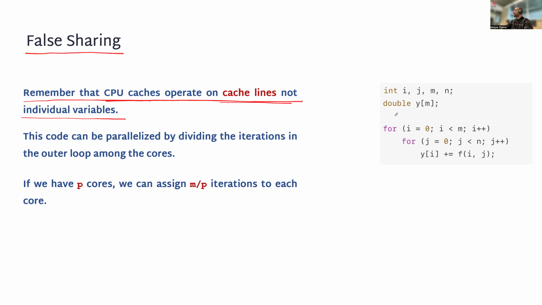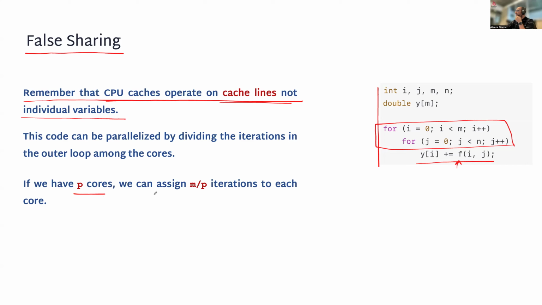So assume here we have this code, and in this code we have a nested for loop, so two loops we have here, and we want to compute this value, right? And f is an arbitrary function. And we want to divide this code between P cores or P processors.